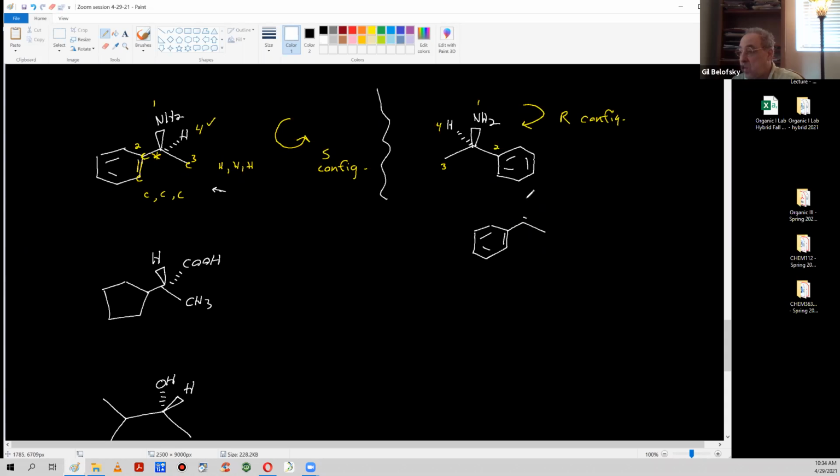Just going to switch those two. NH2, H. The priority groups are assigned 4, 1, 2, 3. But the problem here is that 4 is pointing toward us.